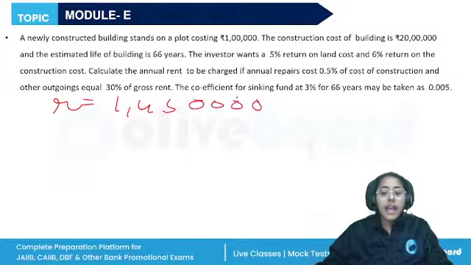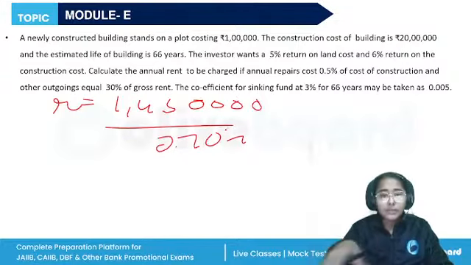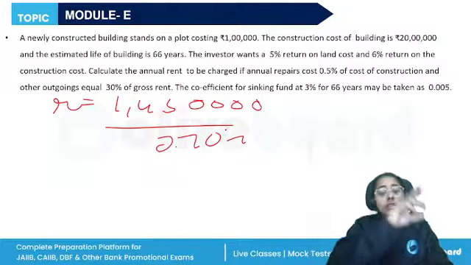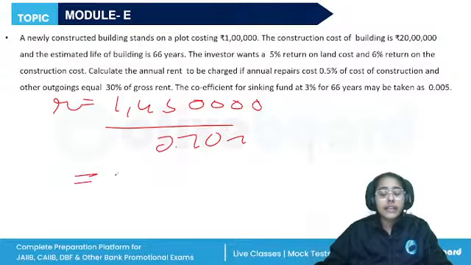So now R will be equal to 1,45,000 divided by 0.70. Cross multiply it, cancel it out, and you will arrive at 2,07,143. This will be the total rent of the year. And if we calculate it for the month, then we will simply divide it by 12.